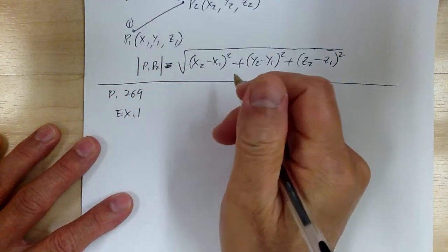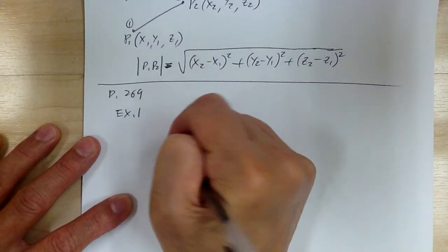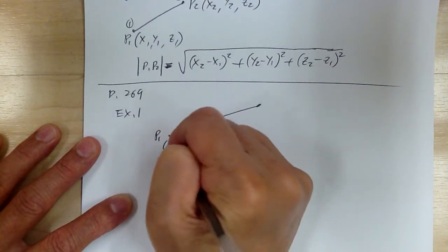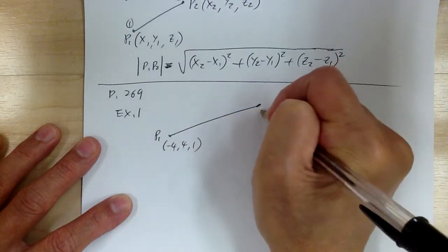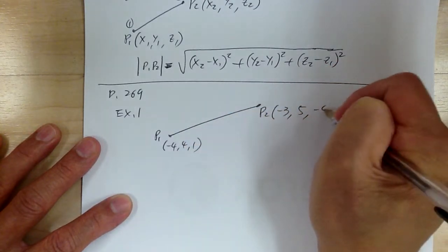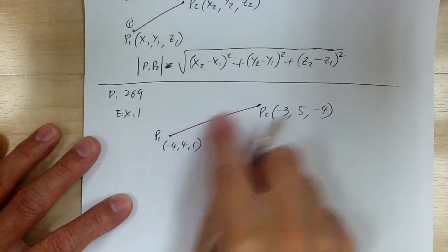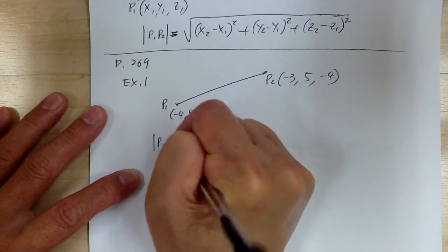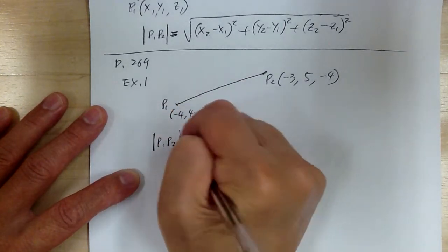you have the 2 points. So you've got P1 at negative 4, 4, 1. And P2 is at negative 3, 5, negative 4. And you're looking for the distance between the 2 points. So the distance between P1 and P2, again, absolute value means distance.